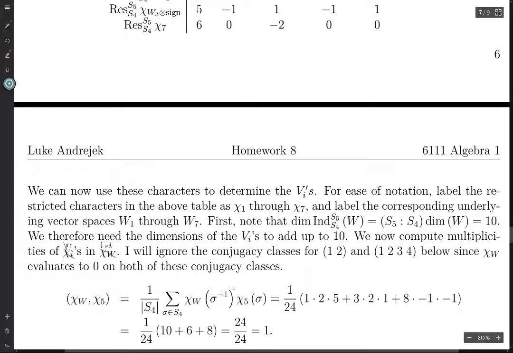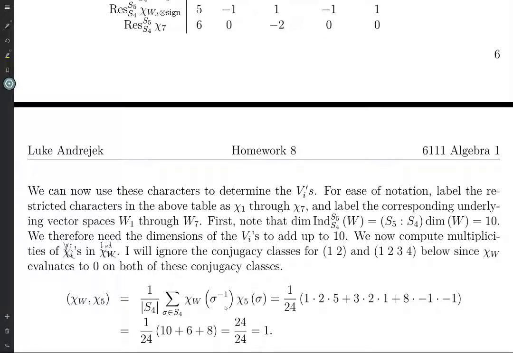Now, chi, I discussed this in the previous problem. Again, I may not upload it, but chi W sigma inverse is equal to chi W sigma, because conjugacy classes in permutation groups contain their inverses, because inverses preserve cycle types.